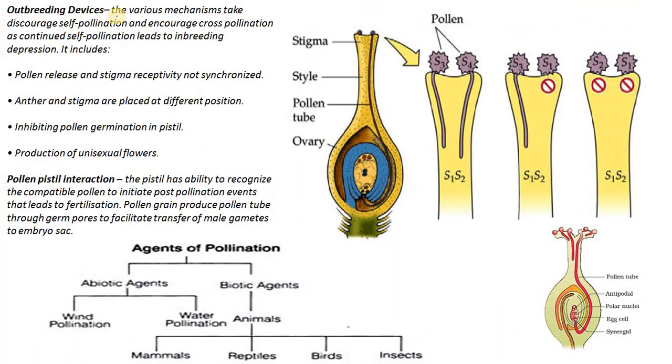The outbreeding devices are the various mechanisms taken to discourage self-pollination and encourage cross-pollination, because continued self-pollination leads to inbreeding depression. They include pollen release and stigma receptivity not being synchronized, anther and stigma placed at different positions, inhibition of pollen germination in the pistil, and production of unisexual flowers.